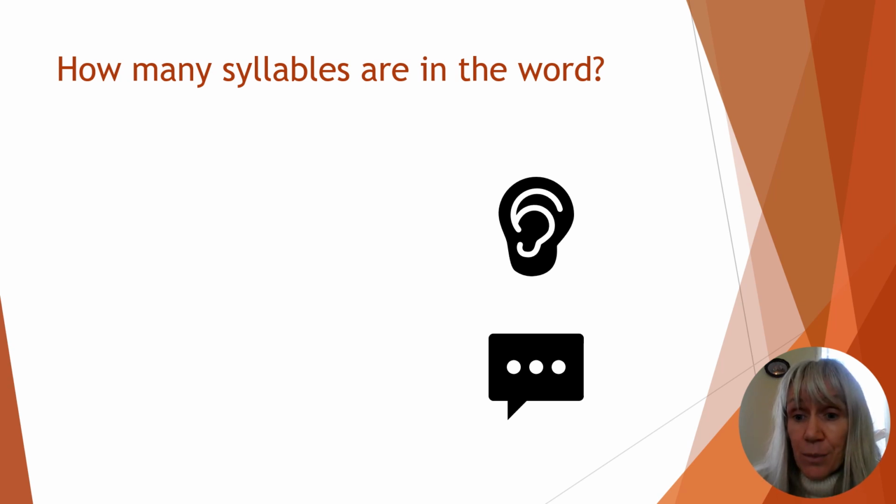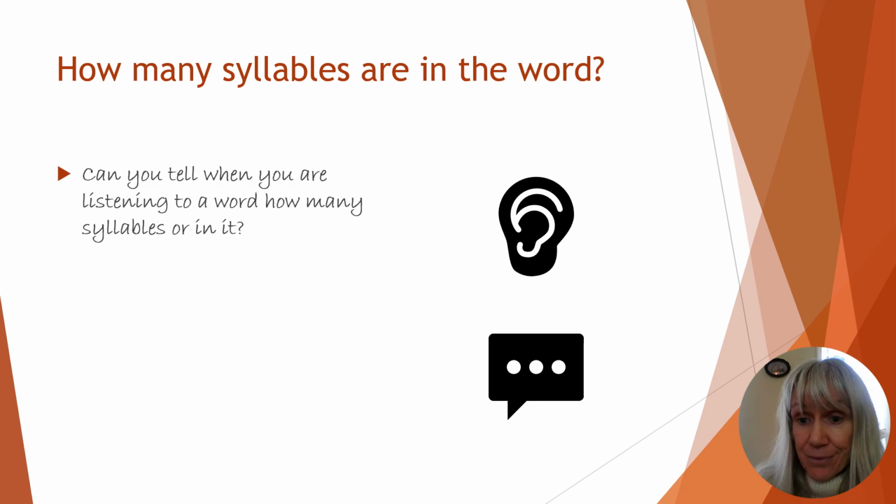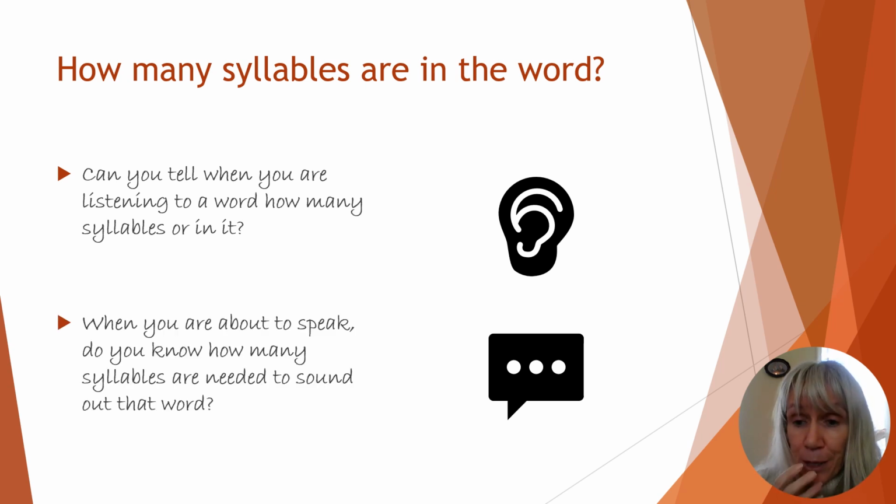How many syllables are in the word? Can you tell when you are listening to a word how many syllables are in it? When you are about to speak, do you know how many syllables are needed to sound out that word you are about to speak? We need to count the syllables.